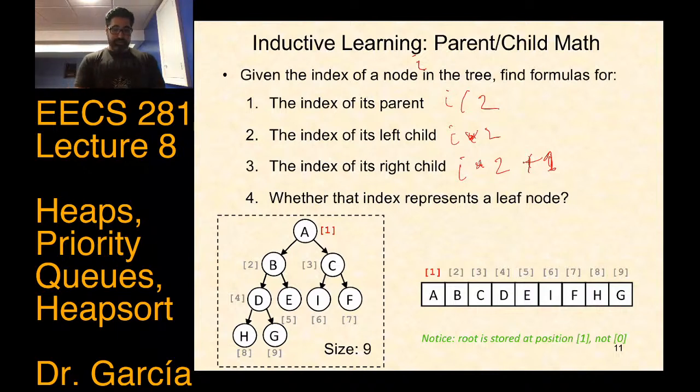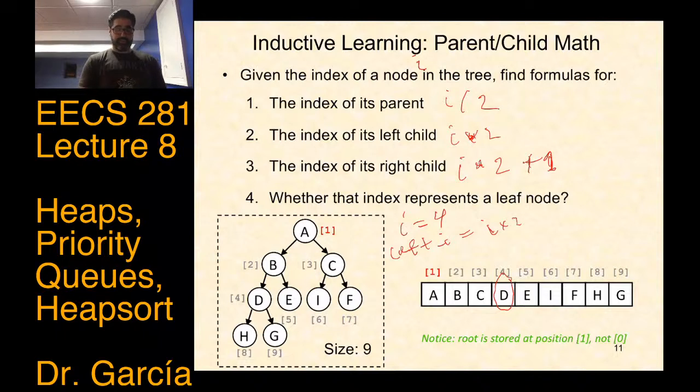Let's do a quick example. If I'm looking at D, I equals 4, that's the specific index for that node. Then left of I is just going to be equal to I times 2, which is just 8.